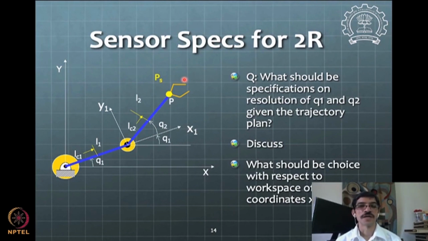I have to get out of this singular position, and then maybe I'll be able to move along the straight line which is inside the workspace. This notion of workspace of the motion of point P is basically the set of all points P which can be reached with the given link lengths, and for whatever angles for Q1 and Q2, considering that they can move a total of 360 degrees. Those are the considerations one would need to give for sensor specifications.